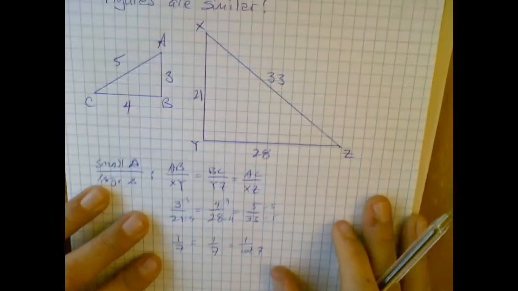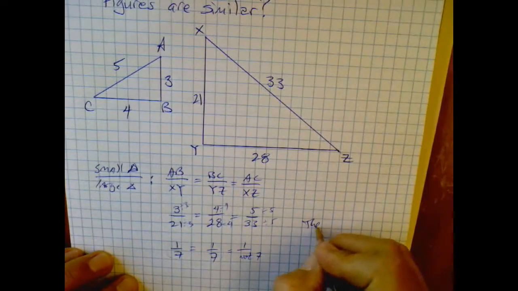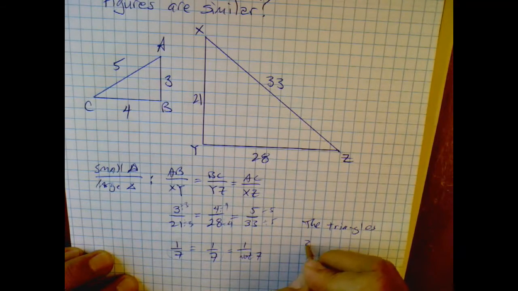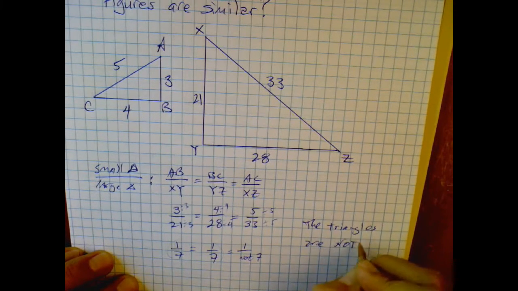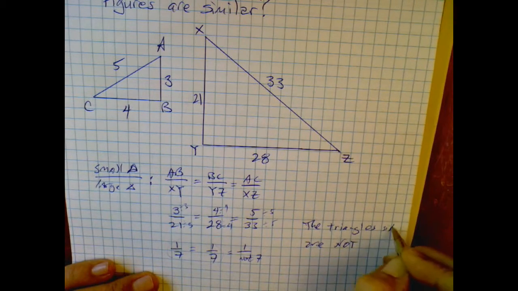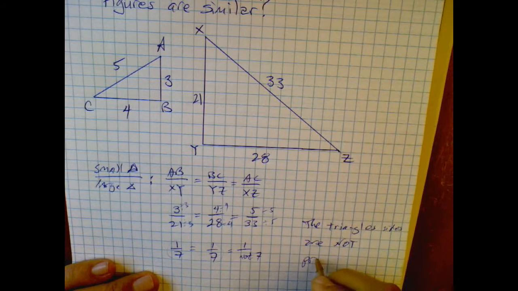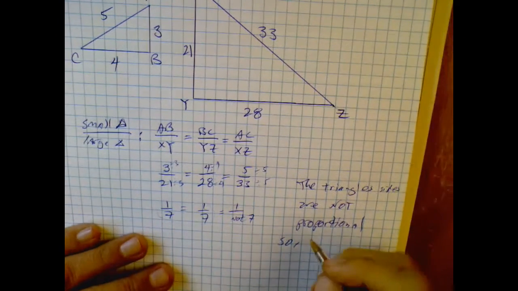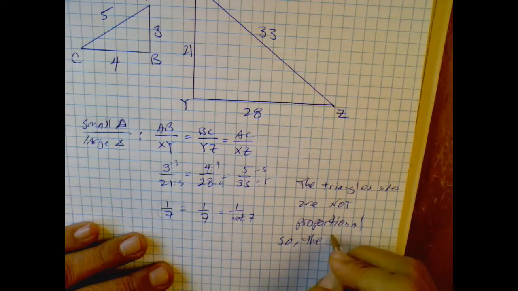So what do we conclude by that? We conclude the triangle sides are not proportional, and because they're not proportional, the triangles are not similar.